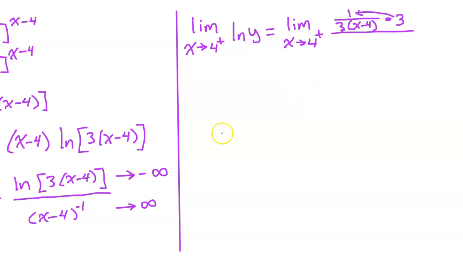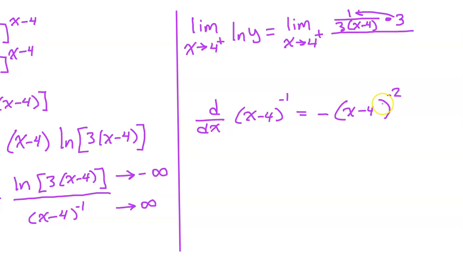But for now, let's talk about the denominator. Let's use the chain rule. So I'm taking the derivative of (x − 4)^(−1). So I'm going to move that negative 1 to the front. So I have −(x − 4)^(−2).